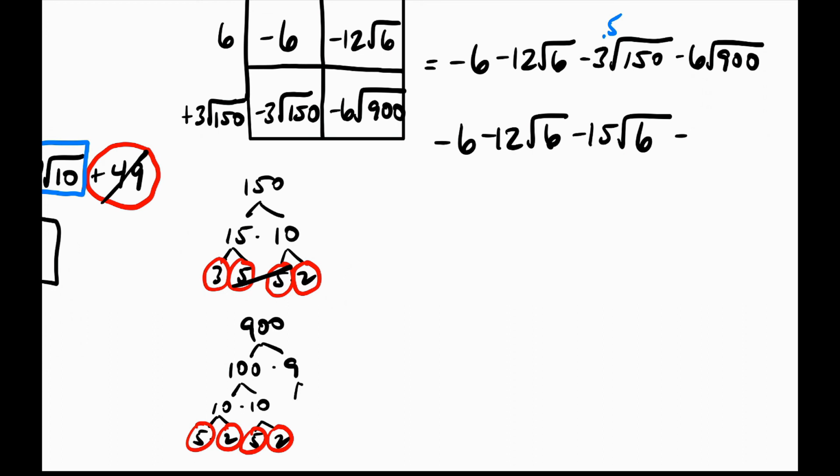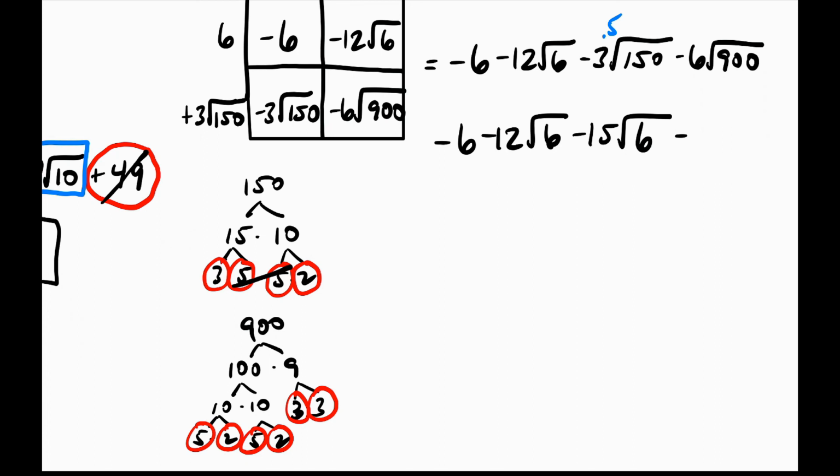And then 9 is 3 times 3. So why is it a special case? What's special about it? There's nothing left. So what do we call those numbers that have nothing left on the inside when we simplify it? Perfect squares. Yeah, 900 is actually a perfect square.